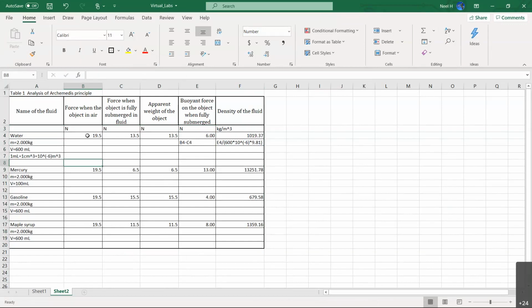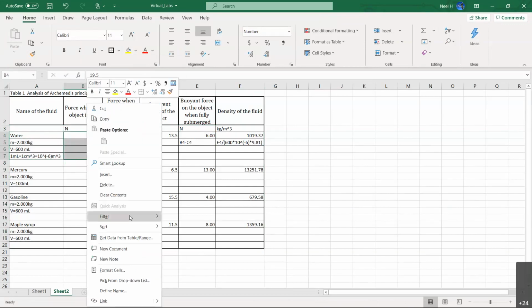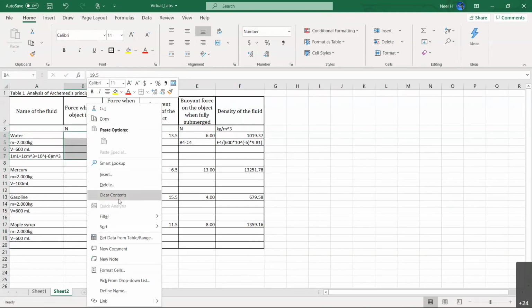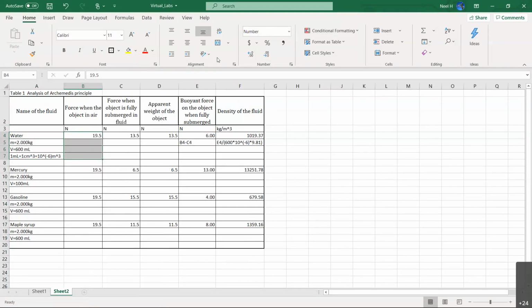And then, for example, say this whole thing is a single row. If I want to get this into a single row, you can highlight all of those and then merge the cells. Right click, then merge cells. Where's the merge cell?